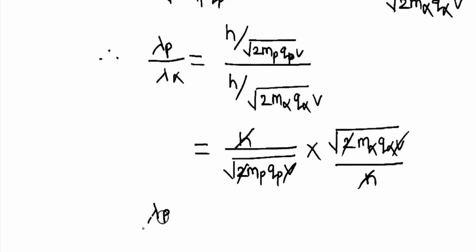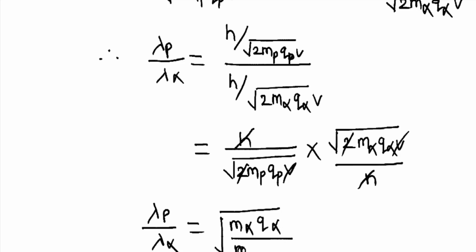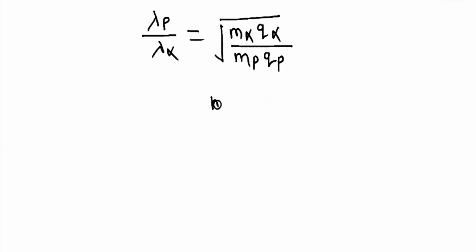the wavelength associated with proton divided by the wavelength associated with the alpha particle will be equal to root of mass of alpha particle into charge on alpha particle divided by mass of proton into charge on proton. But the mass of the alpha particle is 4 times the mass of proton and the charge on the alpha particle is twice the charge on proton.